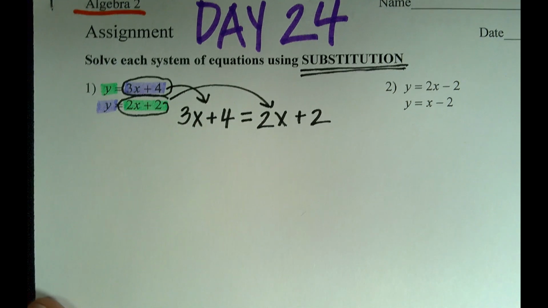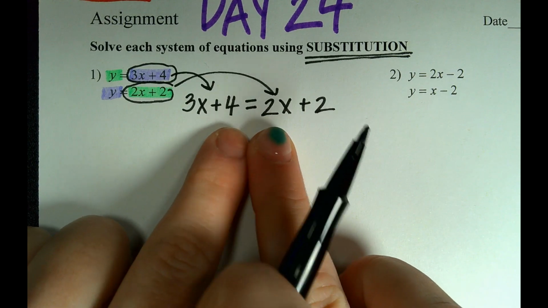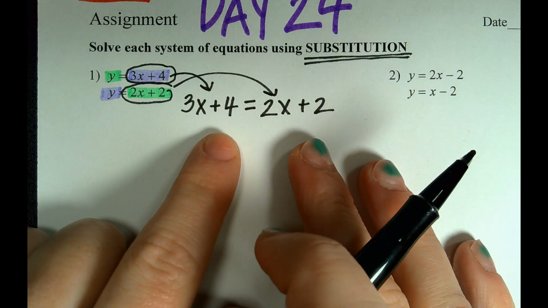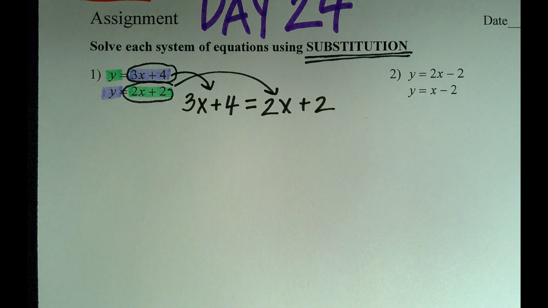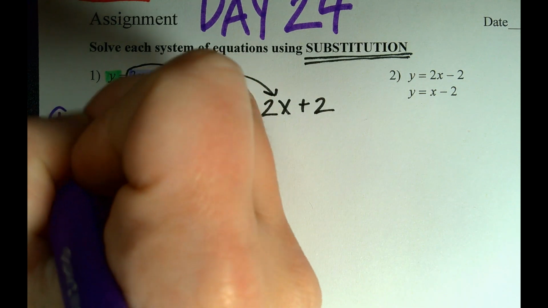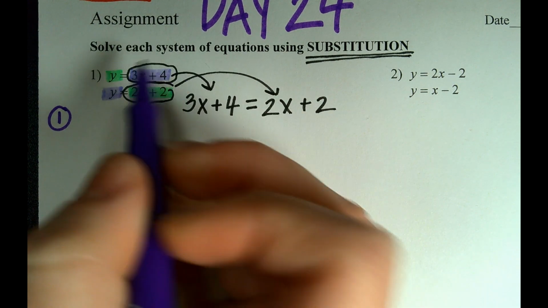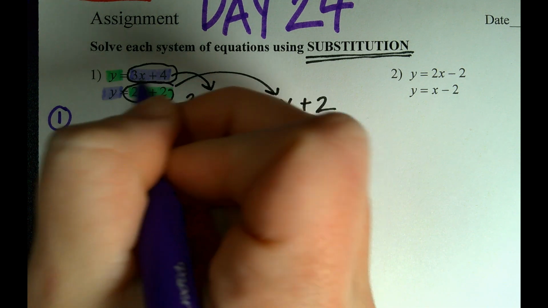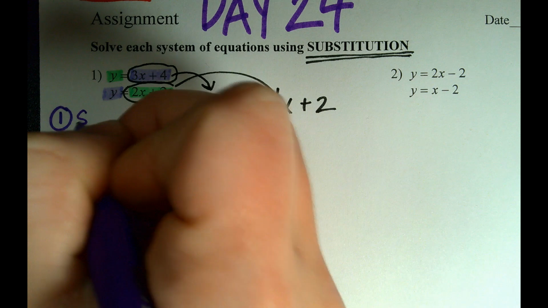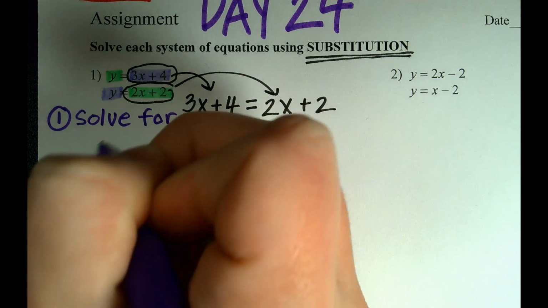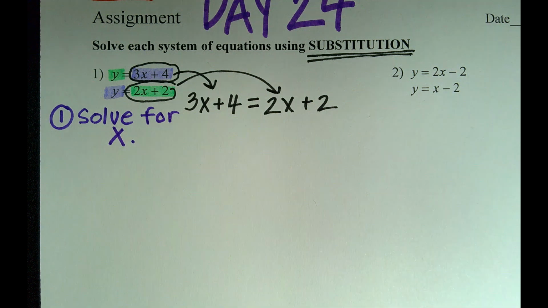So once we have an equation where we don't have any y's, we just have x, now we can try to solve for x. So I'm going to write here as my first step, step 1. And we've got the second halves equal to each other. Now we're going to solve for x first.